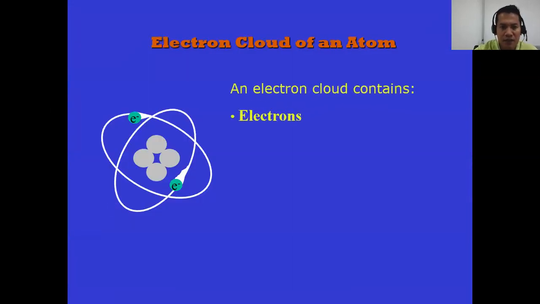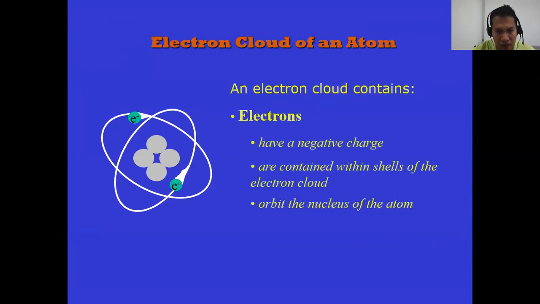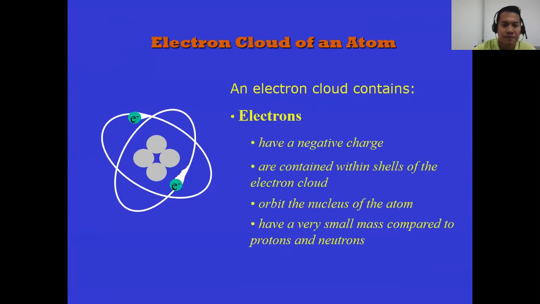Now let's talk about the electron cloud. In this picture you'll be able to see the electron, and it has an orbit. This is the direction of how electrons move. So the electrons are moving around here in an electron cloud.